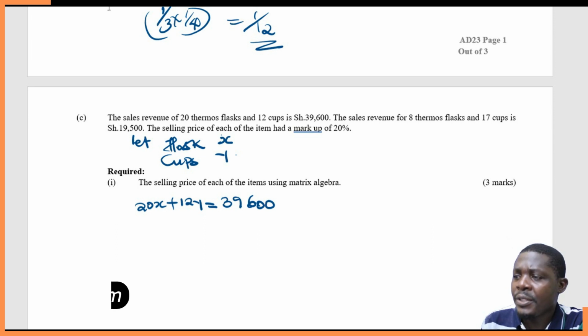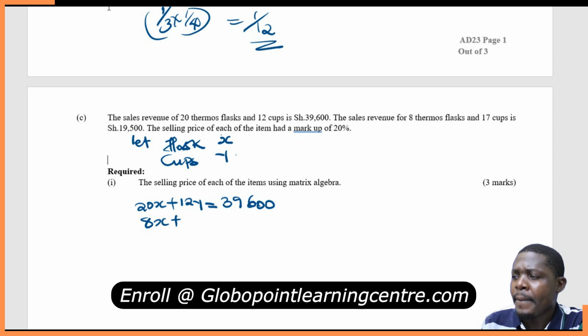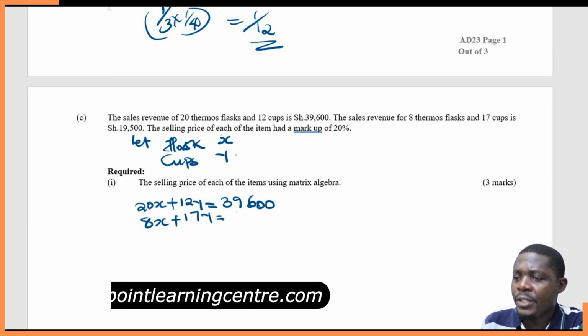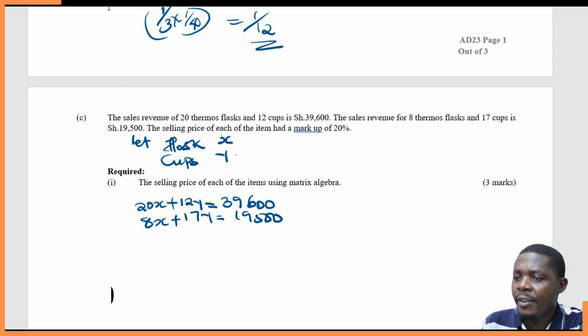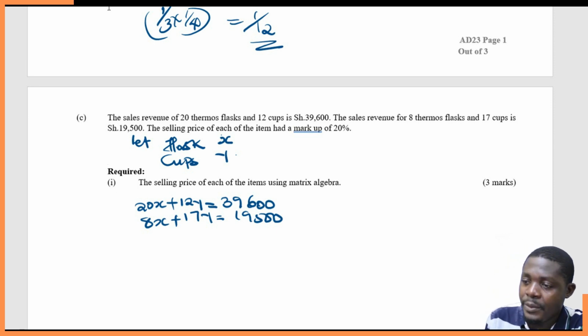Then the sales revenue of a thermos, 8x plus 17 cups, is equivalent to 19,500. And the selling price, remember with the markup, we can determine the markup after we have gotten the value of each flask and thermos.